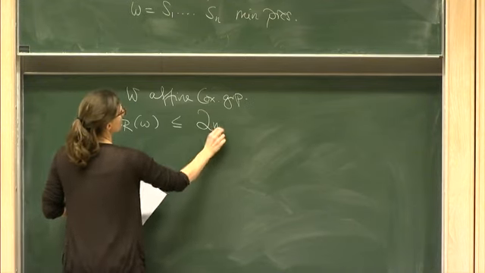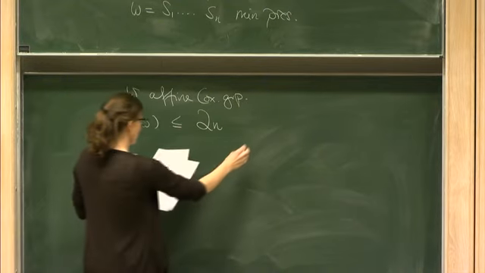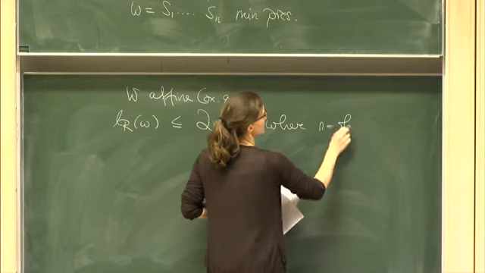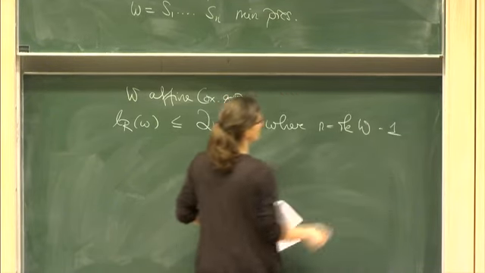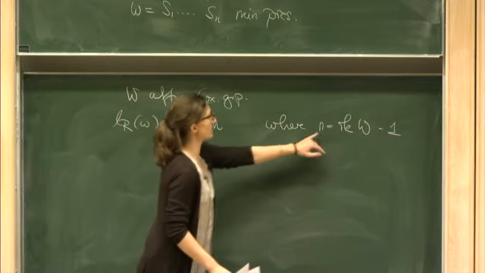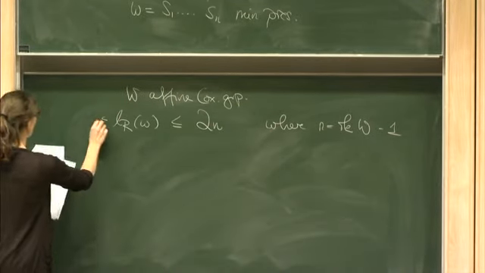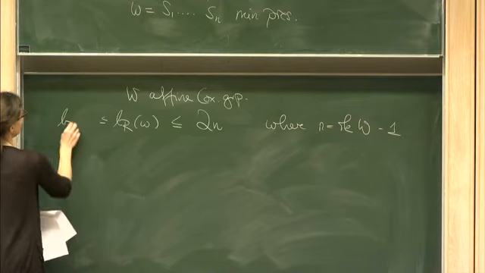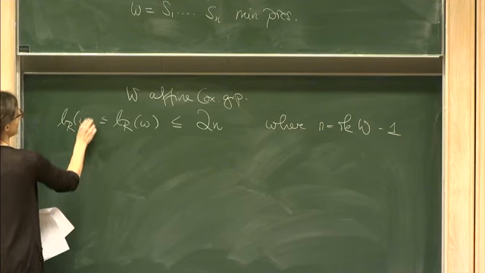It's less than or equal to 2n, where n is the rank of your group minus 1. In other words, it's the rank of the corresponding spherical group. And you also have a lower bound, which is given by the spherical piece.